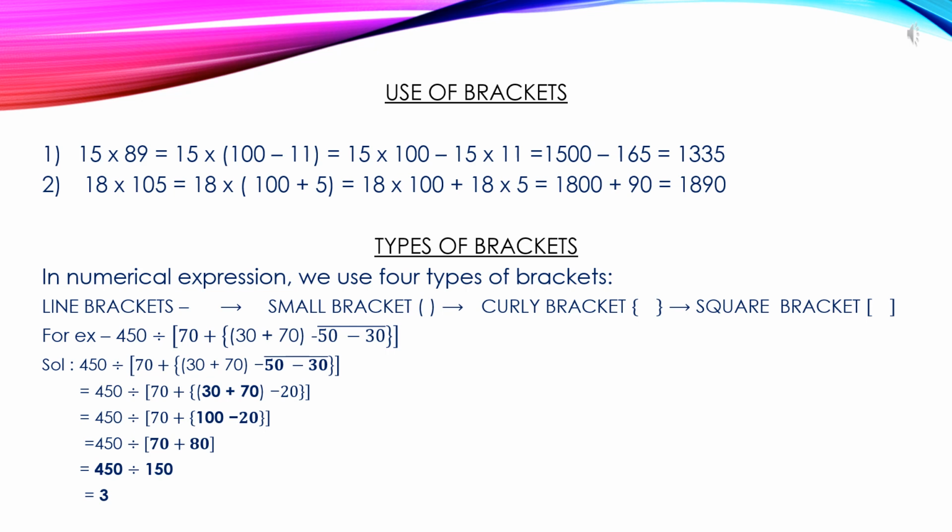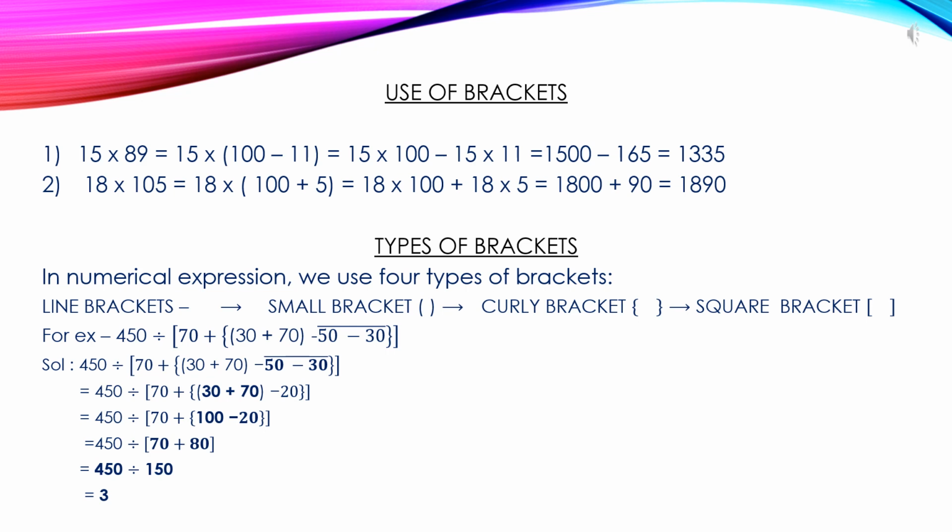According to BODMAS rule, firstly we will solve the bracket, and according to bracket sequence, firstly we will solve the line bracket. That means 50 minus 30. After solving we will get 20. Then the expression will become 450 divided by square bracket 70 plus curly bracket small bracket 30 plus 70 small bracket close minus 20 curly bracket close and then square bracket close.